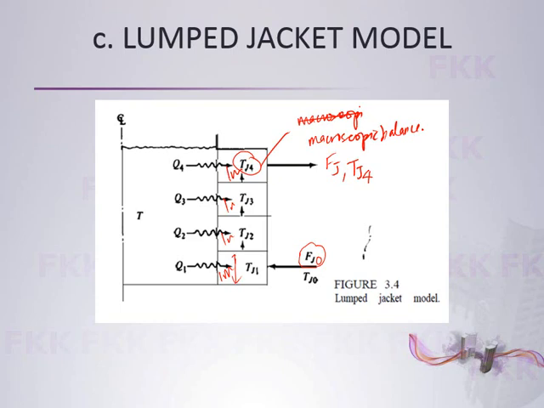This is Fj naught. Now the inlet is Tj naught. The outlet from this system is Tj1. Remember, the outlet is the same as whatever is in the system. So for this case, it becomes Tj1 minus Tj2.